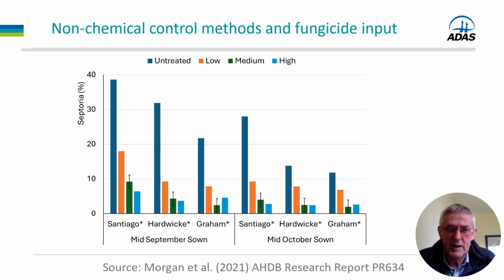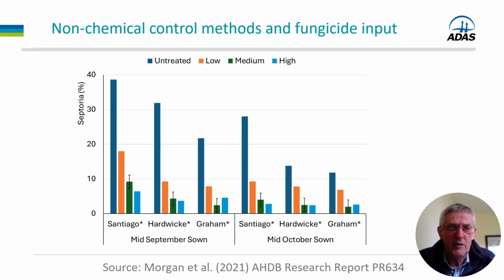And this is data which we also saw in a previous video from a whole series of field trials where we looked at the effect of the disease resistance of the variety and the sowing date, in this case on Septoria tritici, and we also superimposed either an untreated in dark blue or a low, medium or high intensity fungicide program.